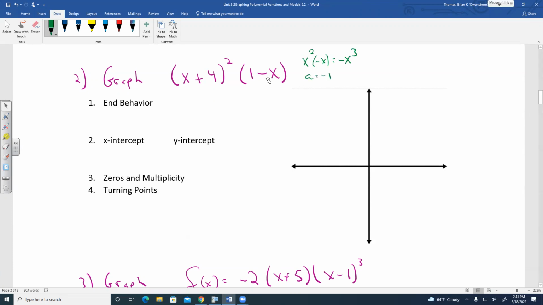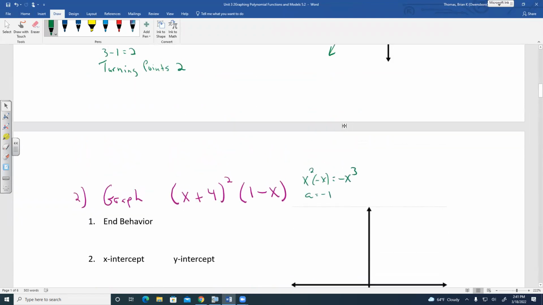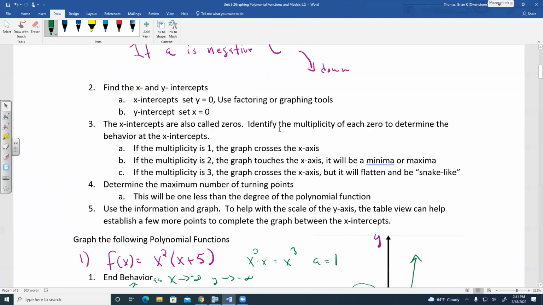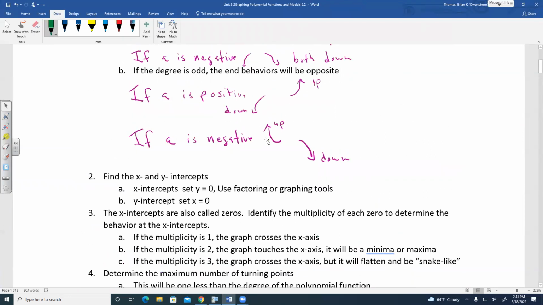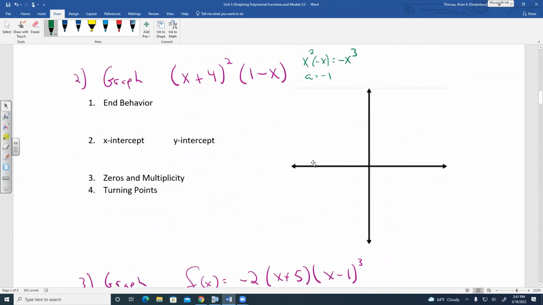Since this x actually is negative, that's going to impact our a value. So our end behavior, again, it's a degree 3 with a negative. So if I go back up here, if a is negative, it's actually going to finish up on the left side and finish down on the right side. So my end behavior should kind of do this.